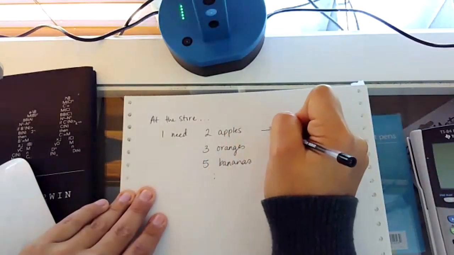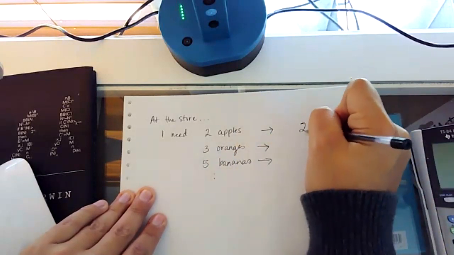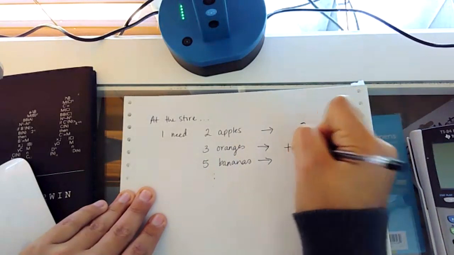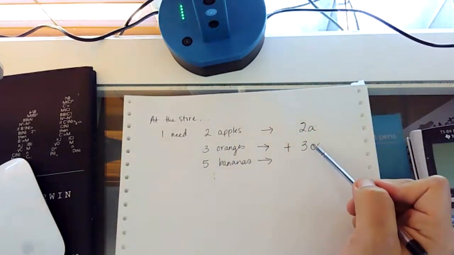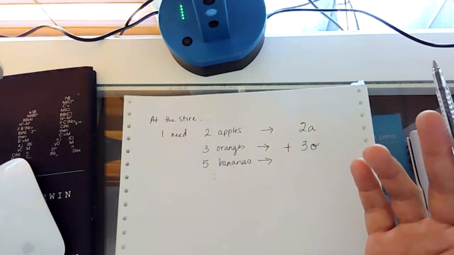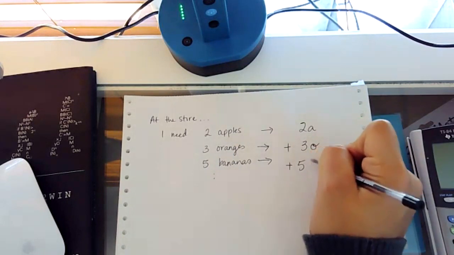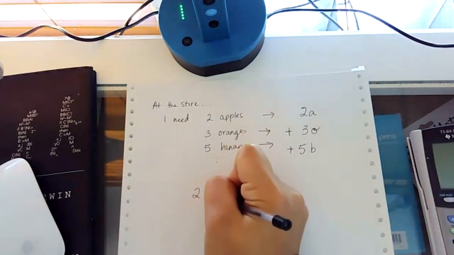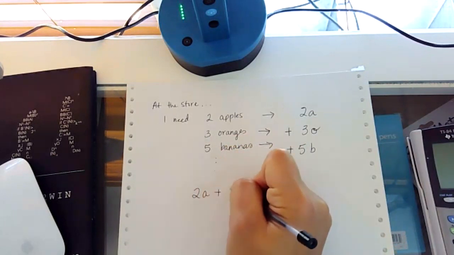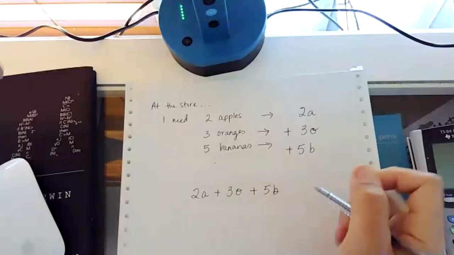Well, if I'm lazy and I'm not feeling like writing the words out, I might say, okay, I need 2A plus 3O, and I put a little curly on it so I don't confuse it with 0, plus 5B. And then that's our mathematical expression now. I have 2 apples plus 3 oranges plus 5 bananas.